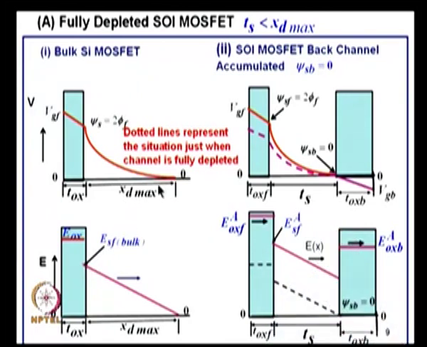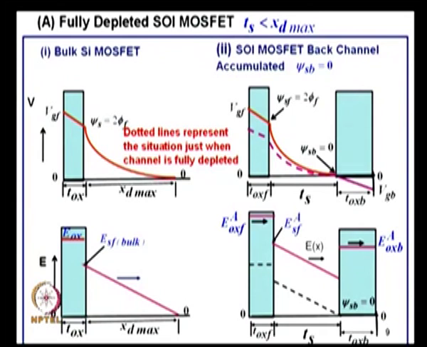Now, let me go to a bit more involved situation. SOI MOSFET with the back channel accumulated. Front gate oxide, back gate oxide, these colored portions are oxide. This is the T_silicon. What we are talking about is the fully depleted case.